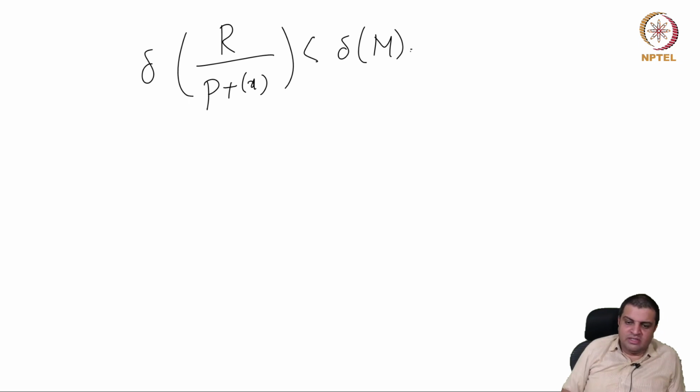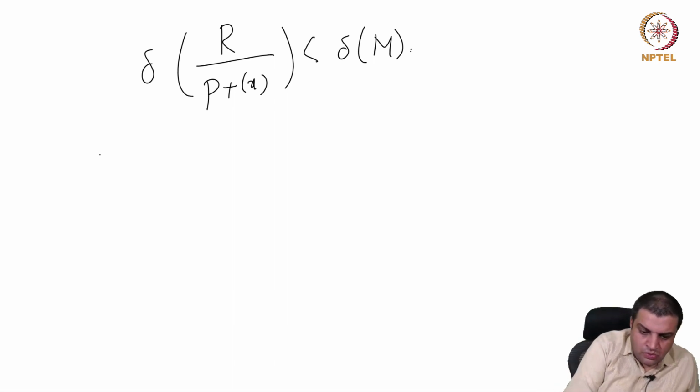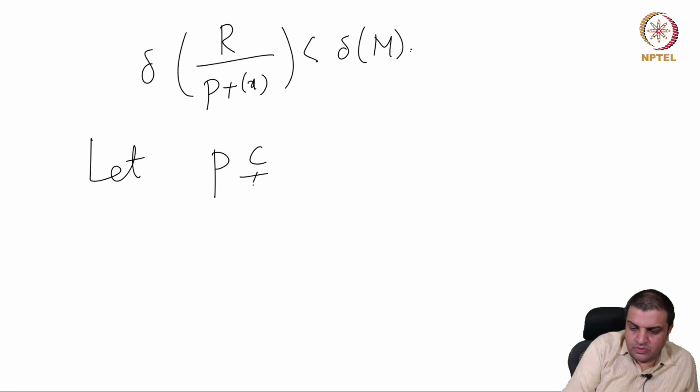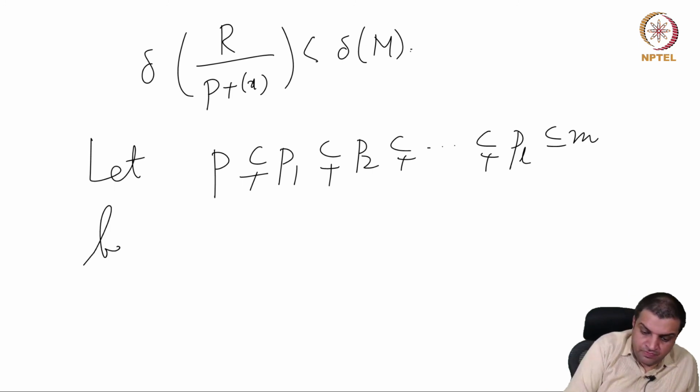Now we will choose x carefully to get the desirable inequality in dimension. Let P contained in P1, contained in P2, up to PL, inside M, be any chain of primes.